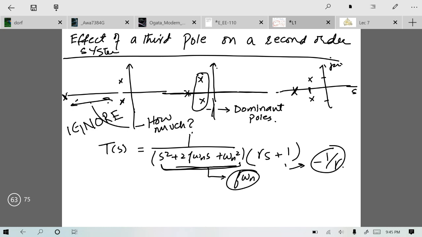I am not going into the detail of the complex part of the poles of a second order system because they are of no use to us in this discussion. So if the magnitude of 1 over gamma is greater than 10 times the magnitude of zeta omega n, then I can ignore this pole.